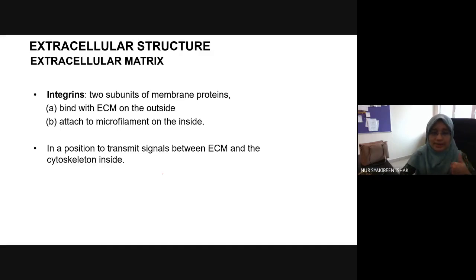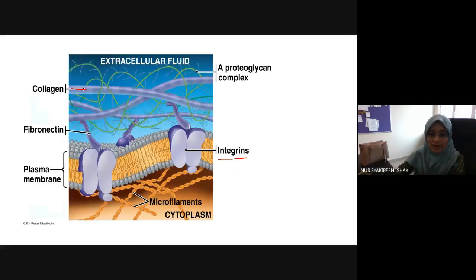So these are the explanation for the integrins. Integrins are membrane proteins with two subunits. They are embedded in the plasma membrane, and they will bind to the ECM on the outside and attach to the microfilament on the inside. If you look at this diagram, the integrins will attach to the extracellular fluid through attachment with the fibronectin, and it is also attached to the cytoskeleton, which is the microfilament inside the cytoplasm.